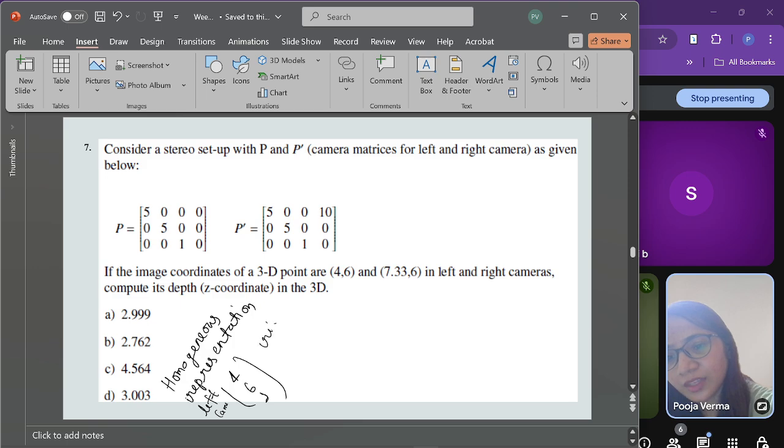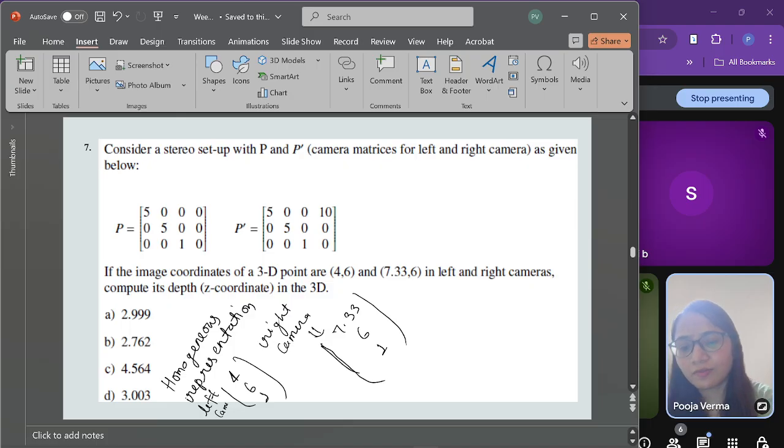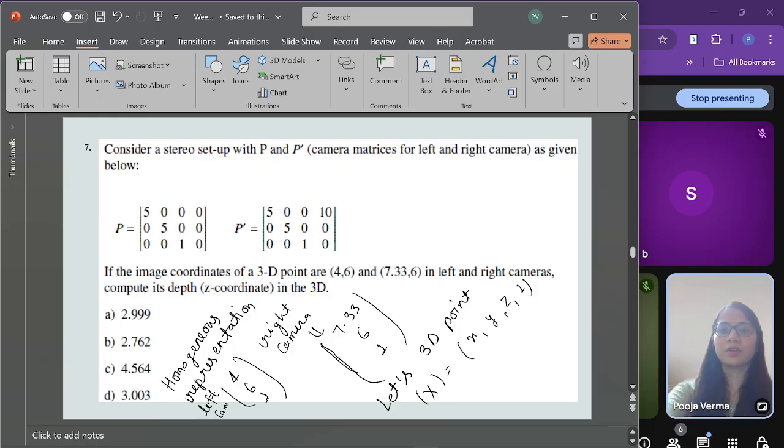And for the right camera, it is 7.336, 1. It is the homogeneous representation for the left and right camera, right? And let's assume the 3D point, representing it by a capital X, is X, Y, Z, 1. Okay, to compute its depth in 3D.